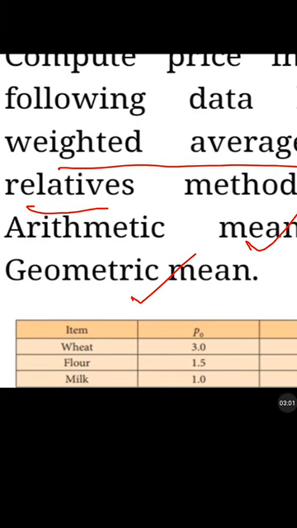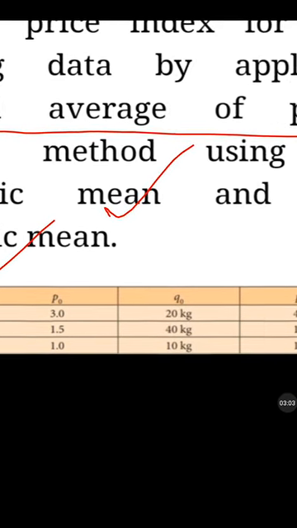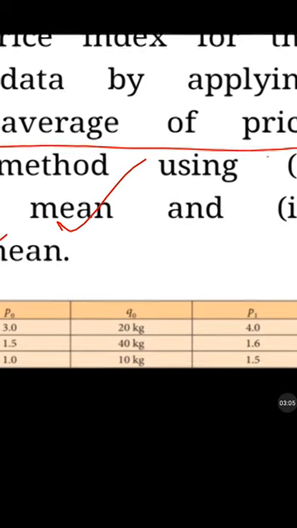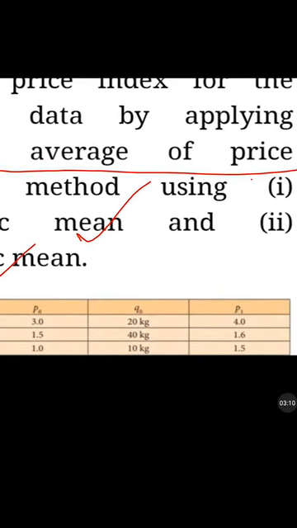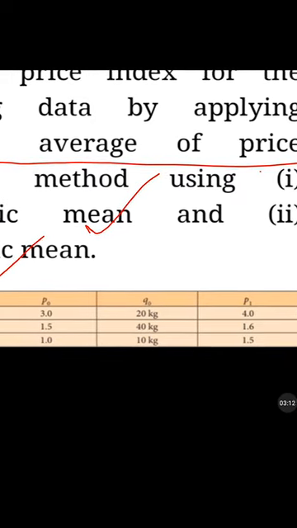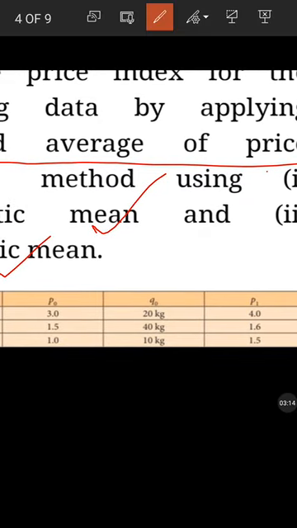We have taken 3 items, and the prices P0 and P1, and Q0. We have not taken Q1. In the formula we need only P and W. P is equal to P1 divided by P0 into 100, and W is equal to P0 into Q0. So we apply only P0, Q0 and P1 for this particular method.